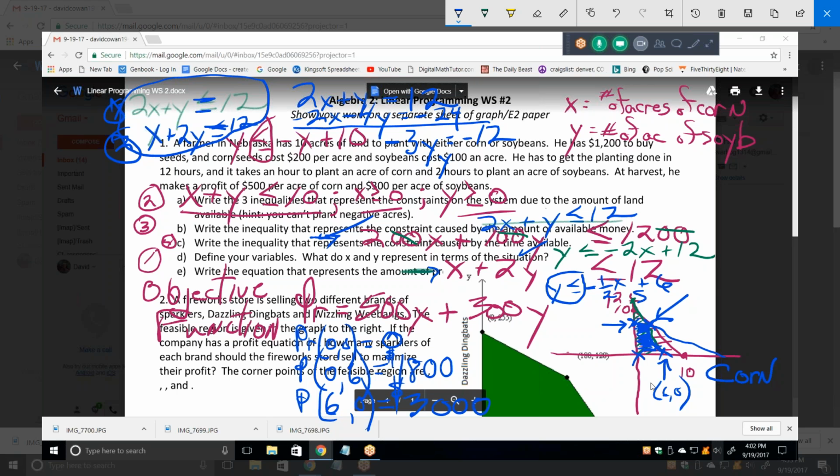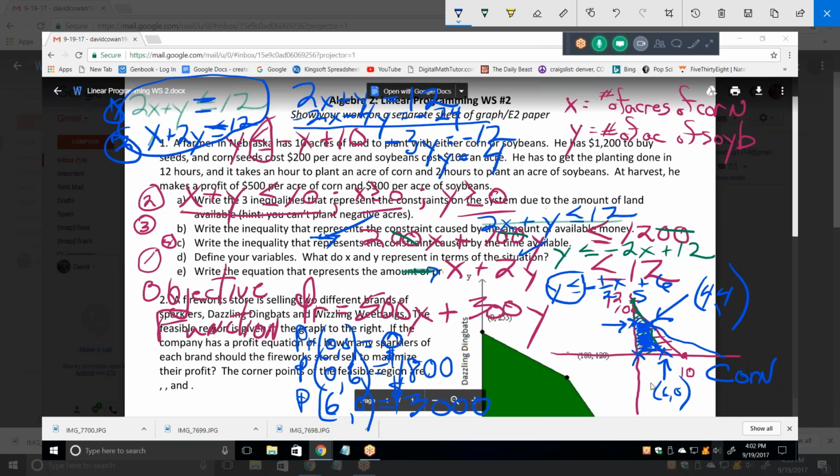So the y coordinate is 4 for that point. And if I go back into either equation and I substitute 4 for y, x comes out to be 4 also. So that is the coordinates of that vertex.